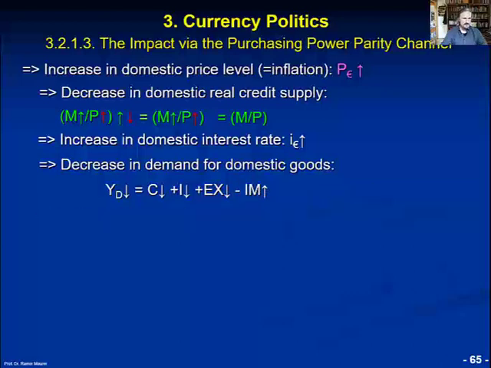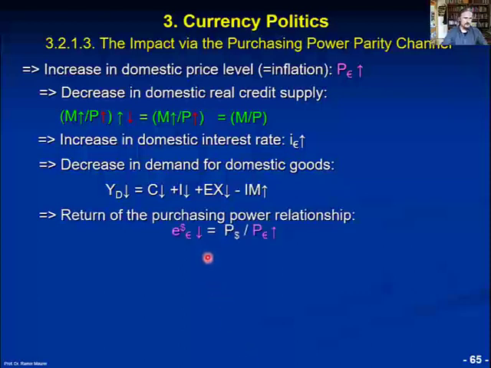The other impact of this increase of the domestic price level is that now the purchasing power parity relationship is restored again. The decrease of the exchange rate is now met by the increase of the domestic price level, such that prices measured in euro or in dollar are again identical.